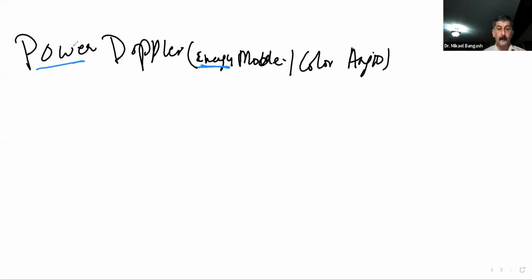Now what is the main form of energy that we will be measuring here? It is going to be kinetic energy.